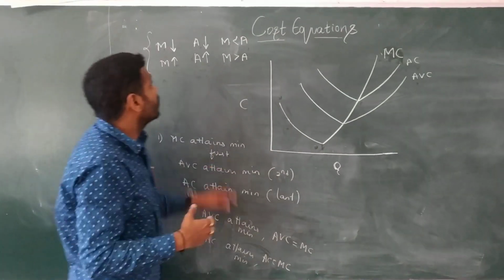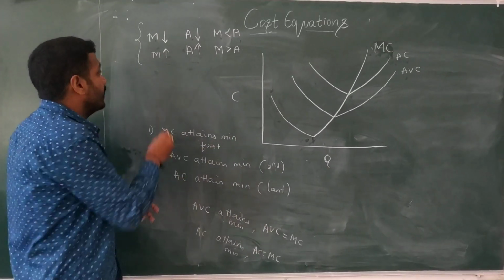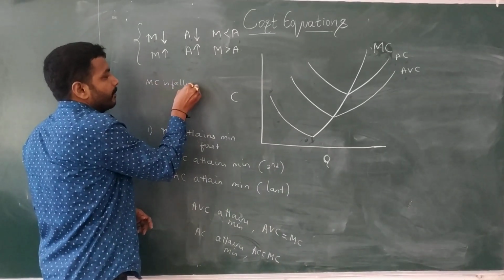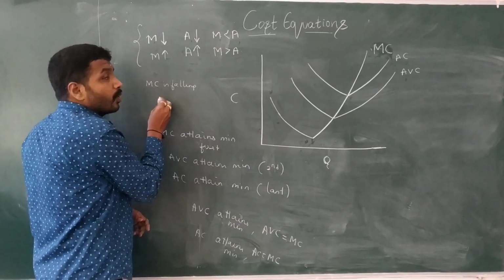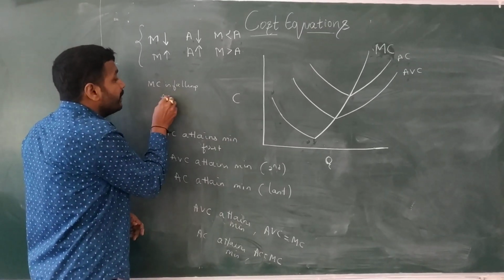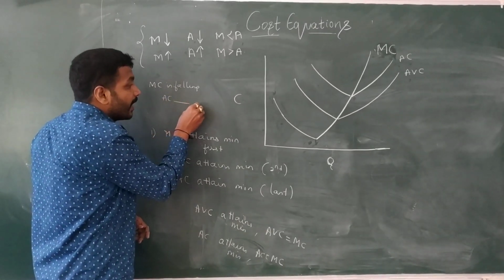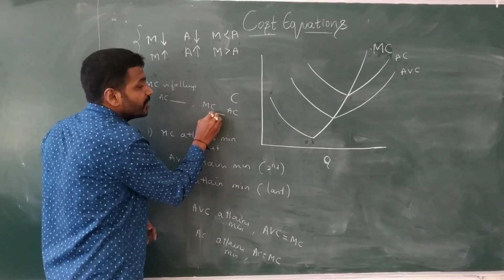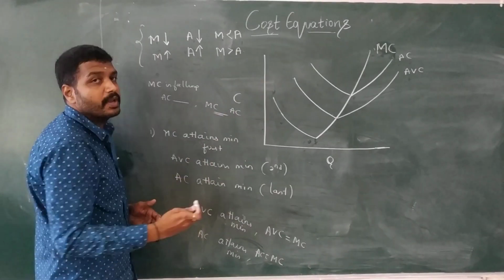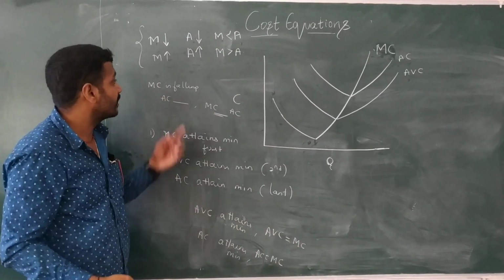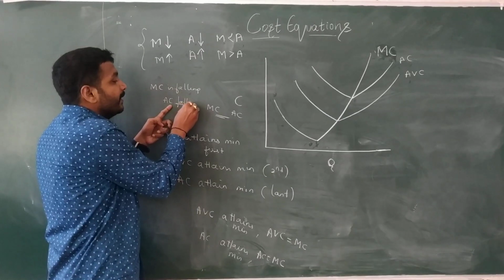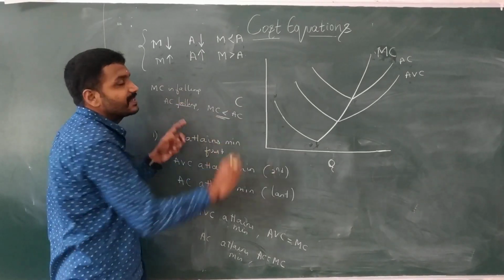There used to be a question: when MC is falling, AC will be dash and MC AC, the relation between these two. For that you need to answer: when MC is falling, AC will also be falling, but MC used to be lesser than AC.